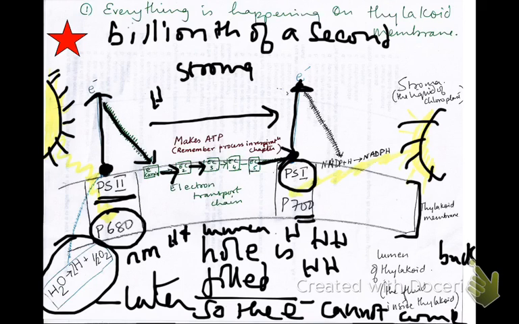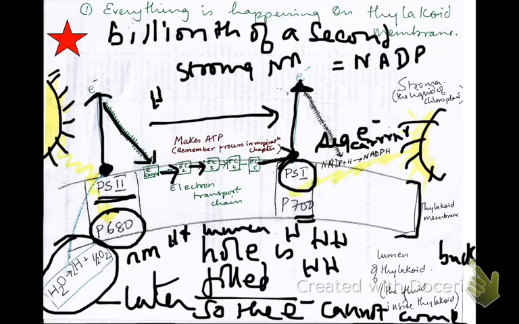Where does it go? It goes through a sequence of electron carriers. And finally, it reaches NADP. This is like a cousin of our NAD that we had come across in cellular respiration. Nicotinamide adenine dinucleotide.